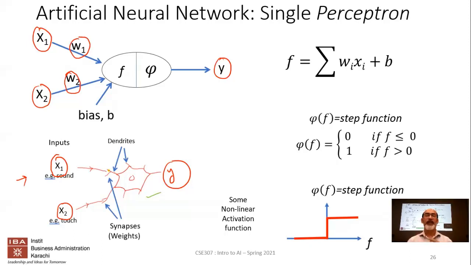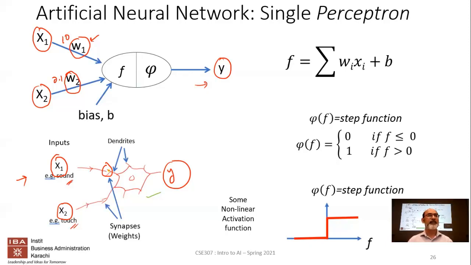The synapse. Okay. So if the synapse is strong, what do you think this weight will be? The weight will be higher. So if W1 is very strong and W2 is, let's say, close to 0.1, and W1 is, let's say, 10, then clearly it implies that, for example, if x1 is sound and x2 is touch, this signal is going to respond to the sound immediately, but it's not going to respond to touch as quickly because it's not been trained on touch.